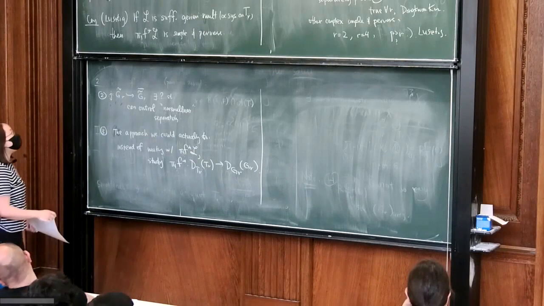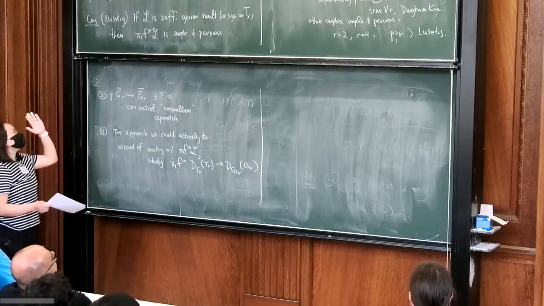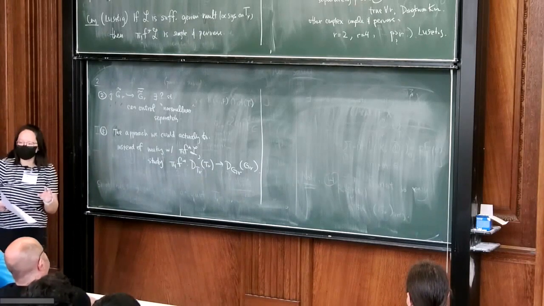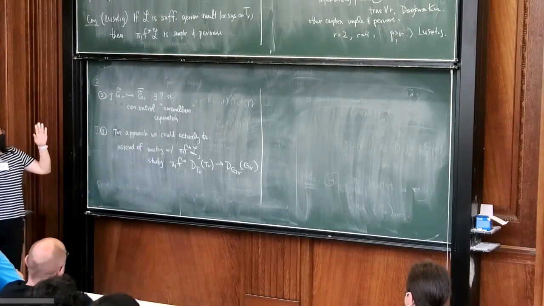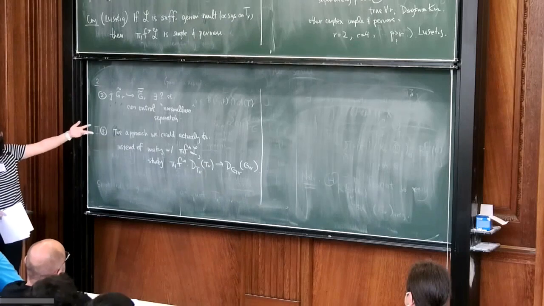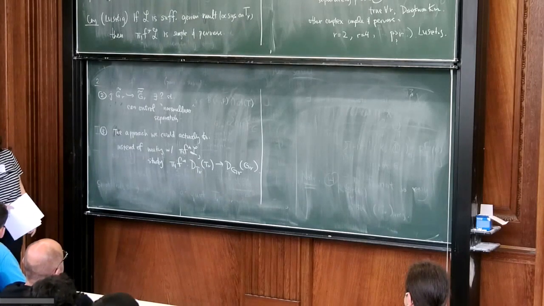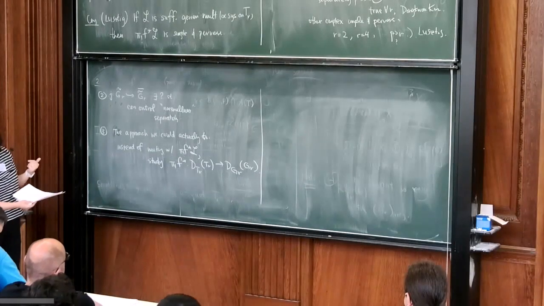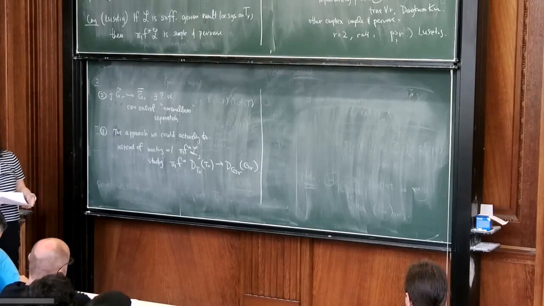So the question was, what happens if L is not sufficiently generic? And what I said is, well, if L is not in general position, then it's unlikely that this thing will end up being simple. And if it doesn't have the other genericity assumption, then we don't know how to show that it's perverse.